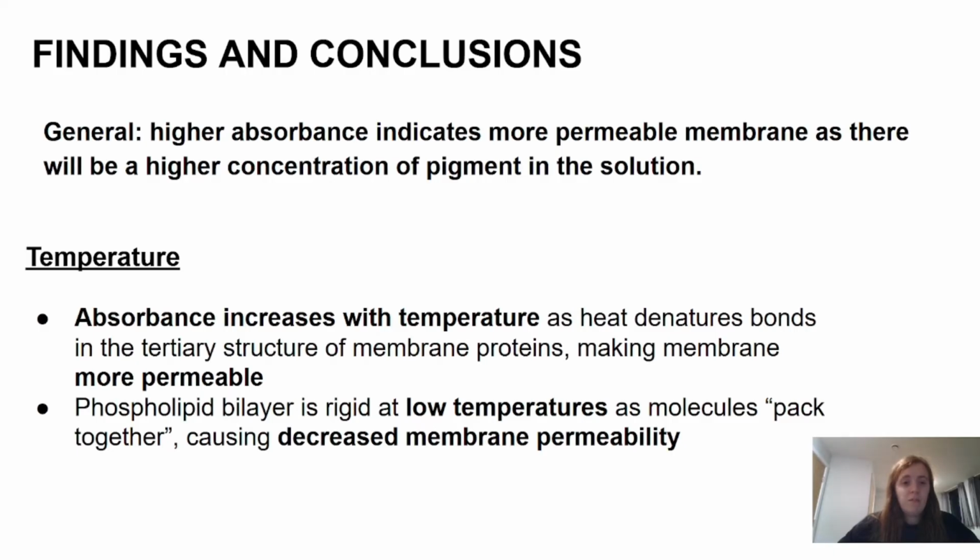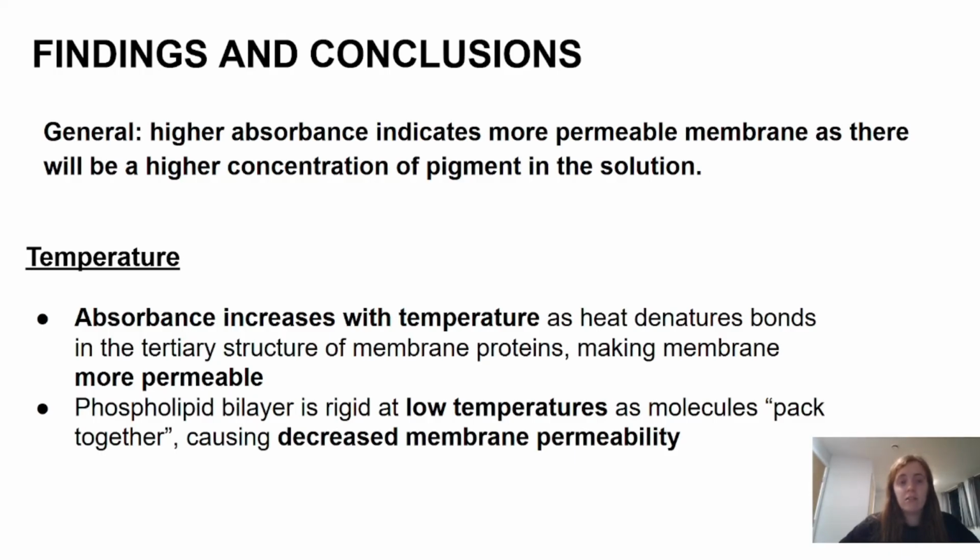And also a reason why the membrane's less permeable at low temperatures is because the phospholipid bilayer is very rigid at low temperatures. If you've looked at particle models in previous years, you'll know that solids are solids because the particles are packed together.